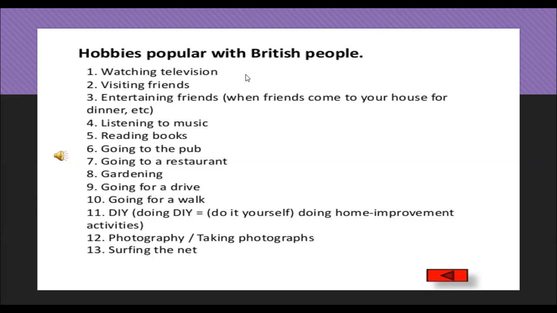You can choose one on the list if you want. Watching television. I like watching movies in English because I can practice. Okay, that will be your favorite one. Yes, watching television. What else do you like doing?